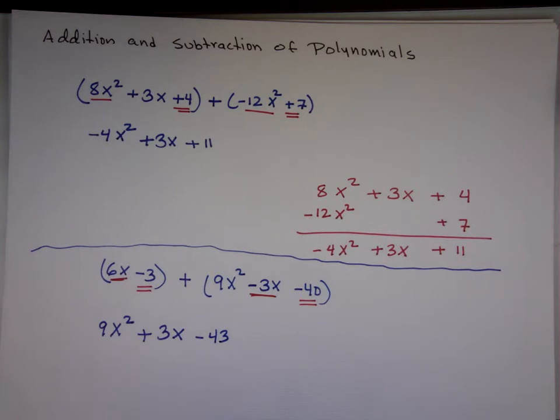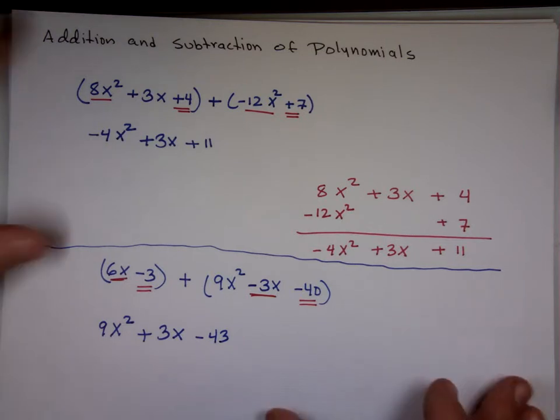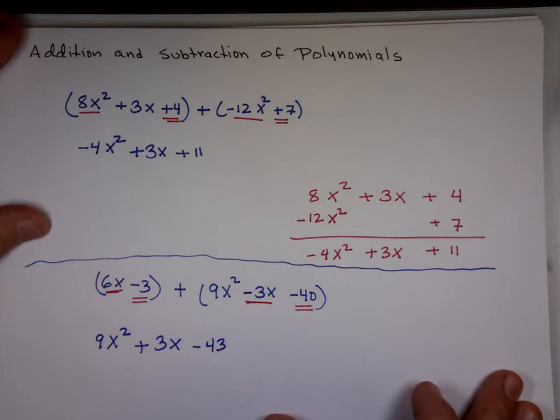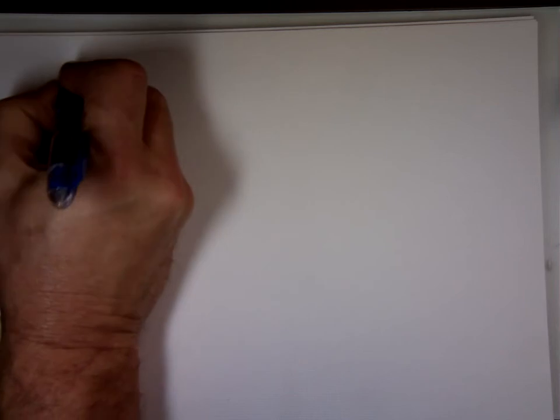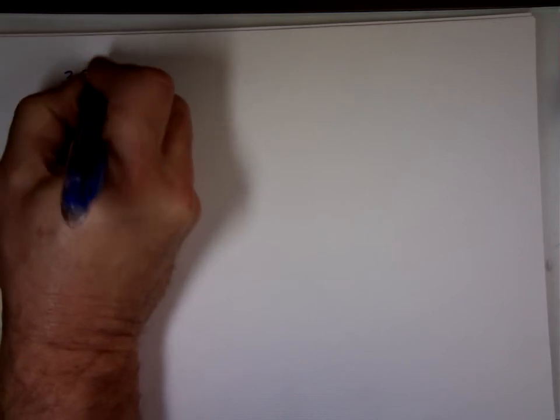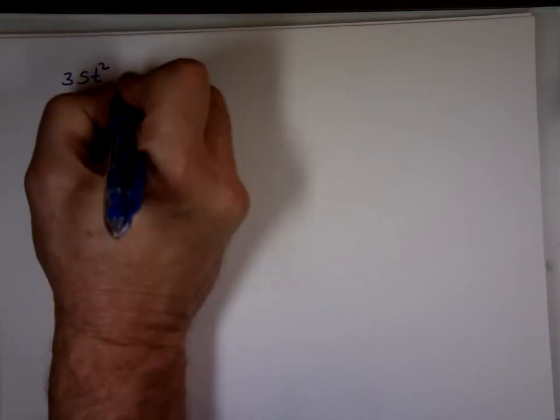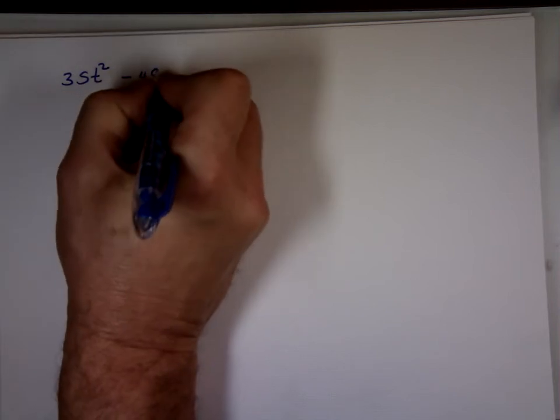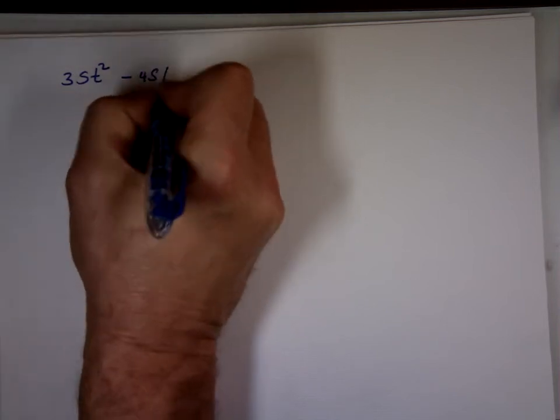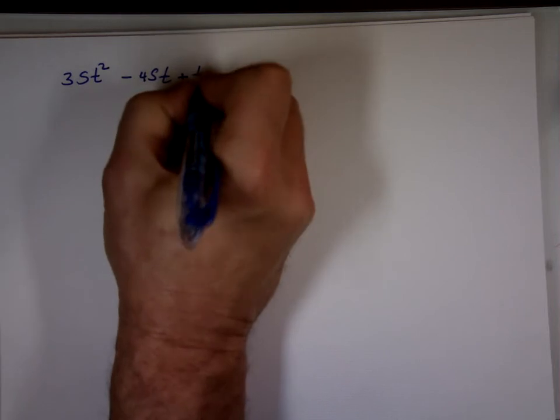Let's make it bigger. 3st squared, that's an s, minus 4st plus t squared.